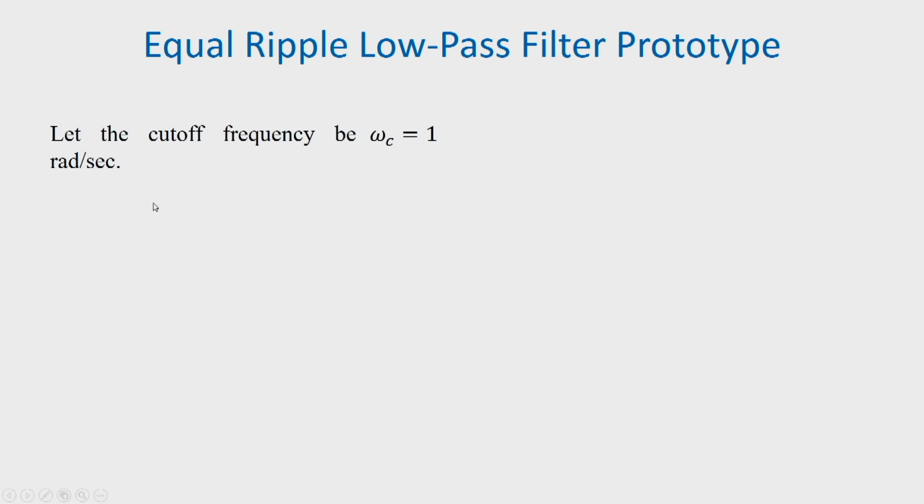Let us first consider the cutoff frequency omega c to be equal to 1 radian per second, and PLR is given by PLR is equal to 1 plus k square T n square omega.